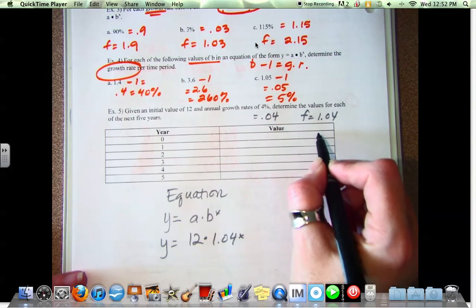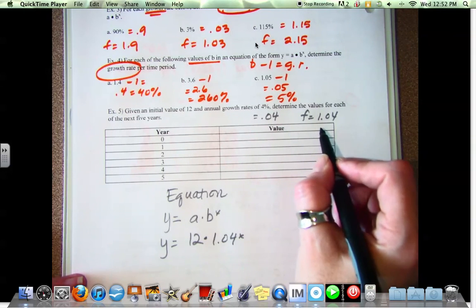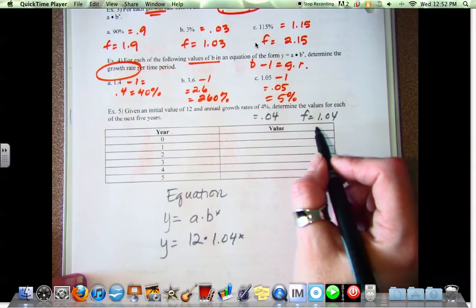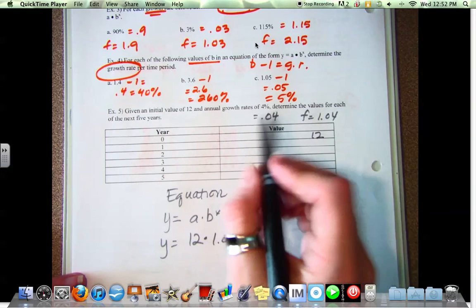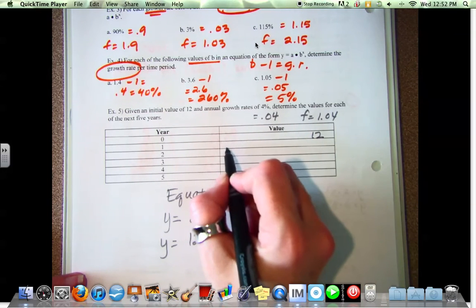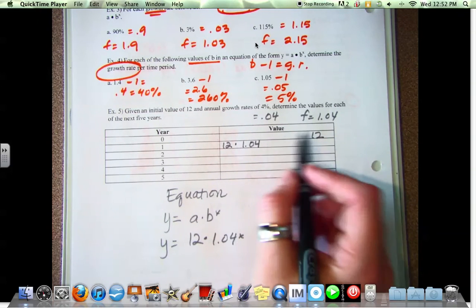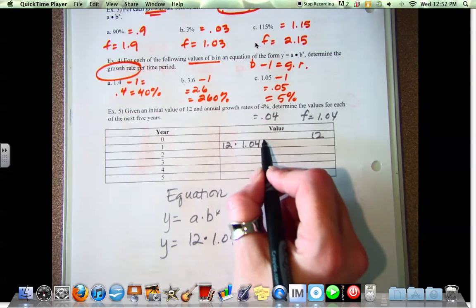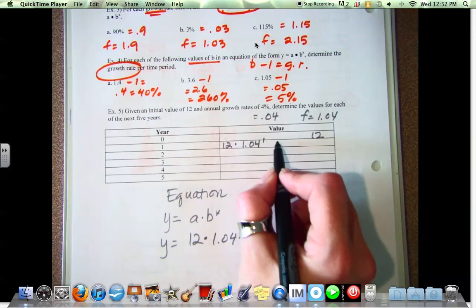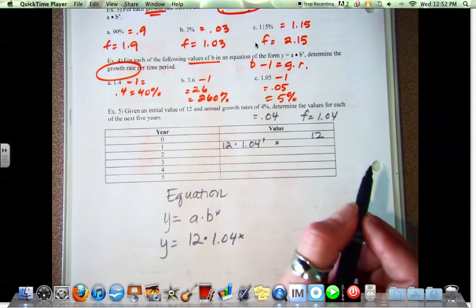It'd just be 12. So for year 1, I have 12 times 1.04 to what power? The first. Which gives me a value of what?